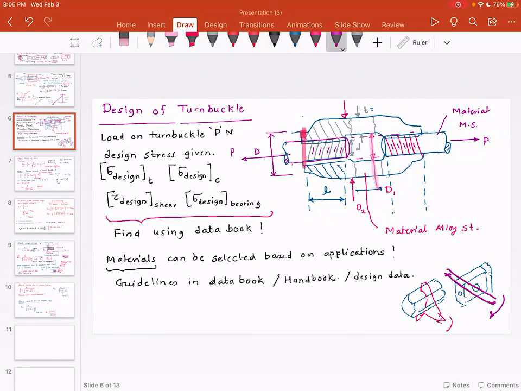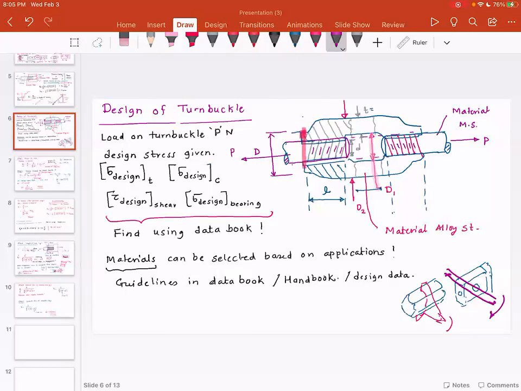Okay, now the next natural extension is the design of power screws, and the equations that we are going to use for design of power screws are exactly same as design of turnbuckles. So rather than giving you a design process, let me work through a problem, because when we talk about power screw, we are going to talk about the design of screw, design of nut, length of nut, the number of threads.